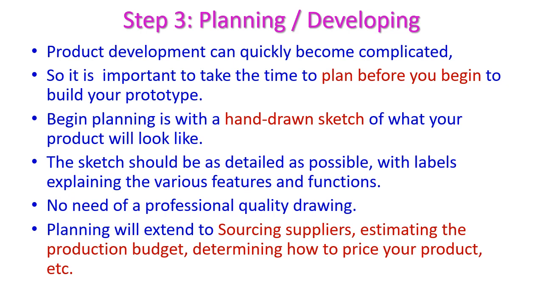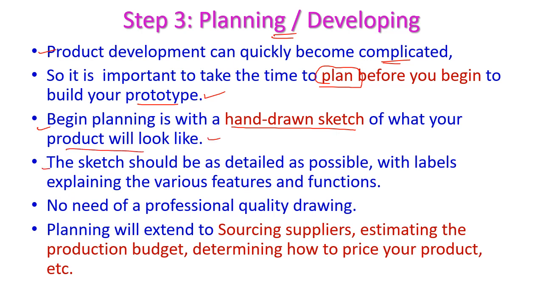The third step is planning and developing. In product development, it can quickly become complicated. So it is important to take time for planning before building the prototype. So begin planning with a hand-drawn sketch, that is a freehand sketch of what your product will look like.